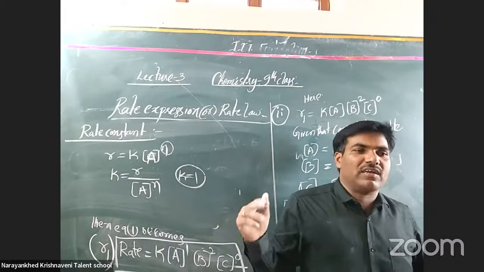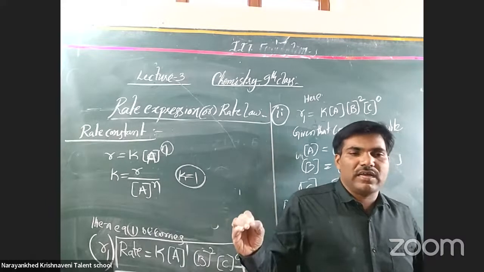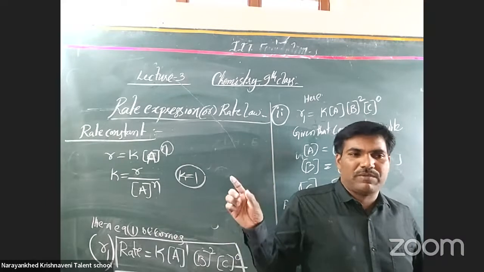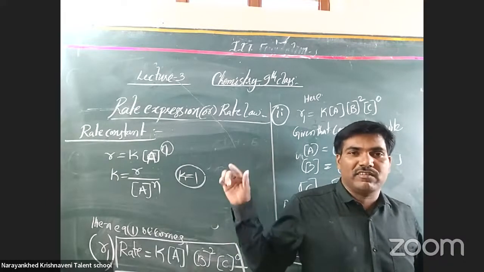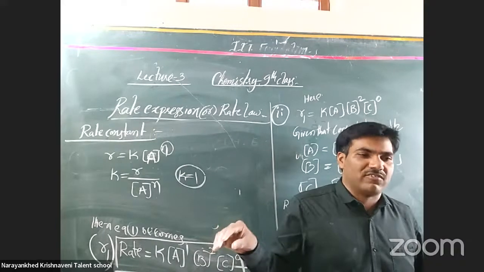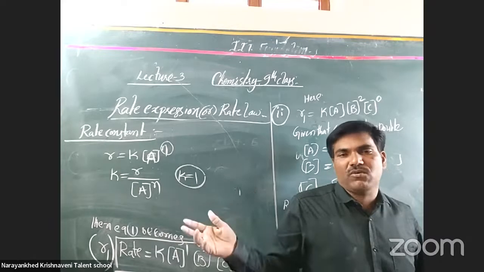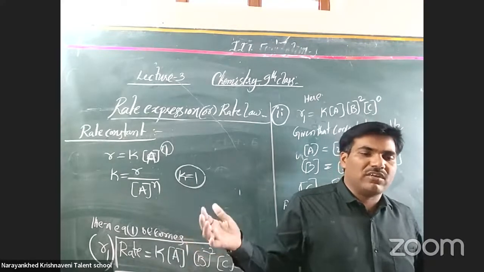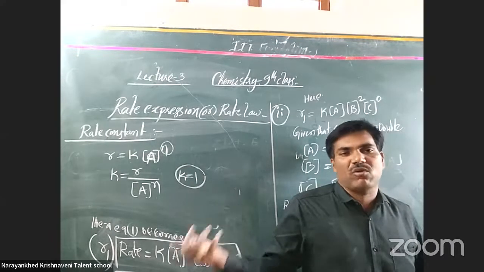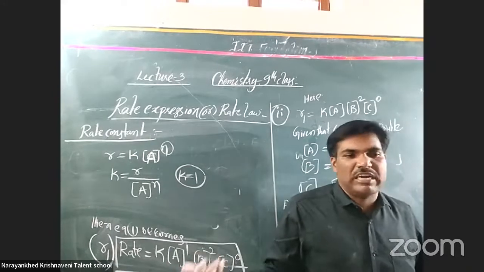The small letters indicate the order of the reactants. The capital A and capital B in brackets are the concentrations. All this together is written as rate equals K into concentration powers of the reactants, called the rate expression or rate law.